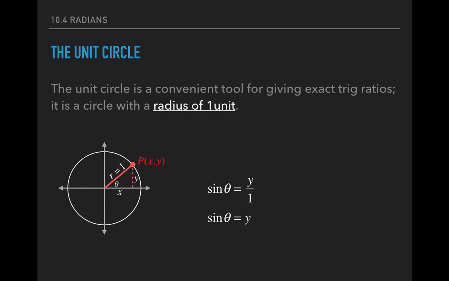So your sine value for your theta is just the y, your height. And similarly, your cosine is that adjacent, which is your horizontal distance, over your radius of 1. So cosine of theta is your x value.